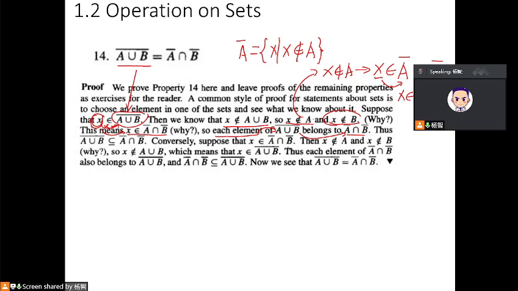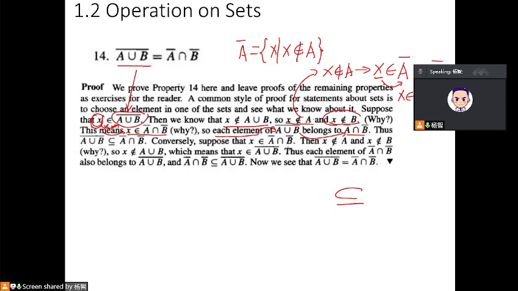And if an element, okay, we have learned about the symbol for "is contained within." Do you remember this symbol? Is contained within. How do we define this symbol?